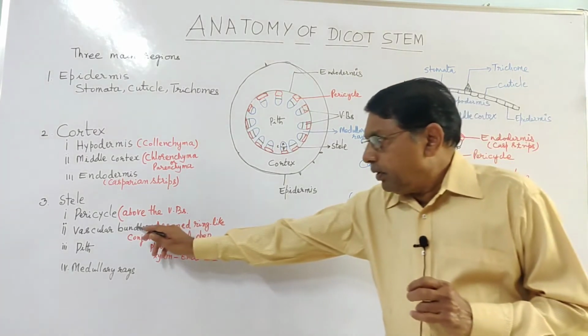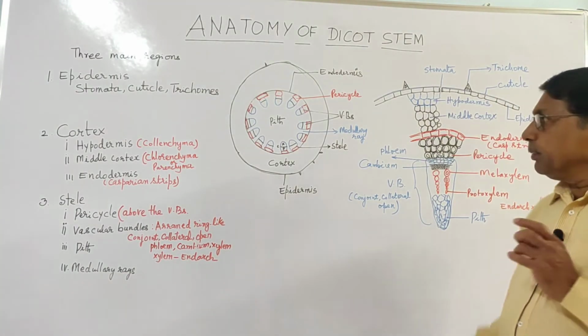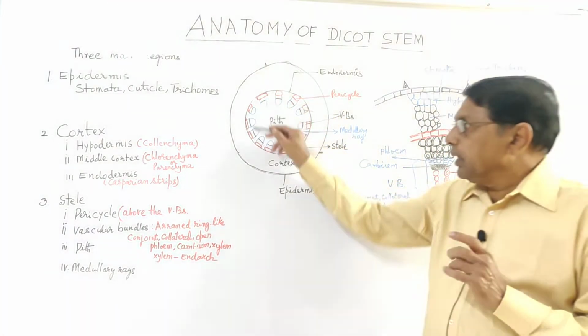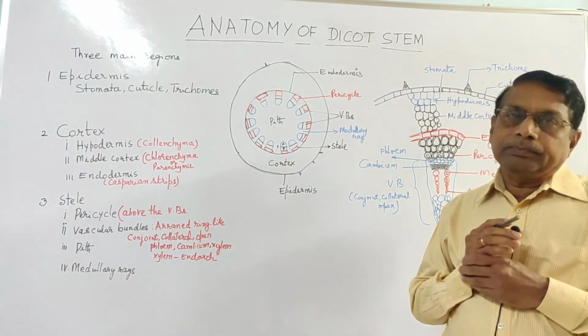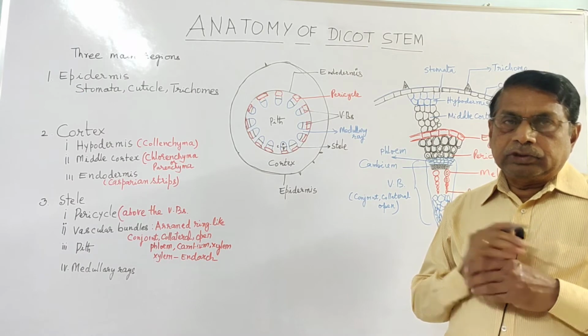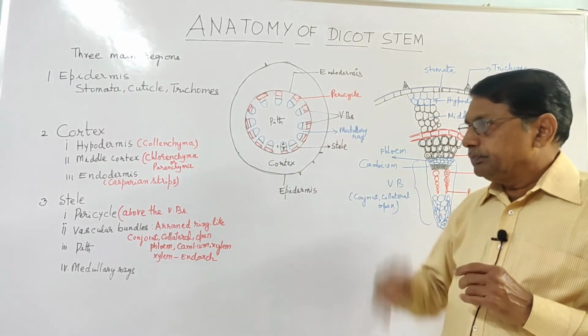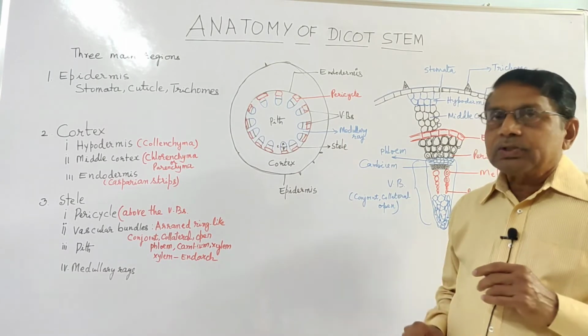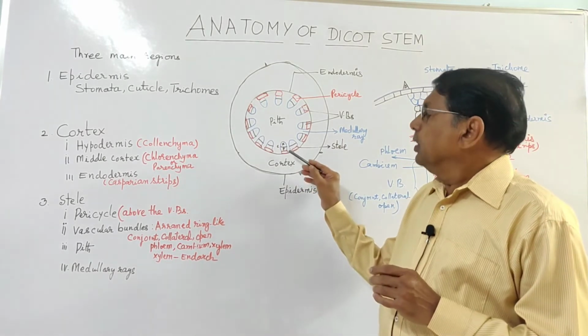The second part, vascular bundles. Points to remember: numerous, many, arranged like a ring surrounding the pith, wedge-shaped. These vascular bundles contain 3 types of tissues.